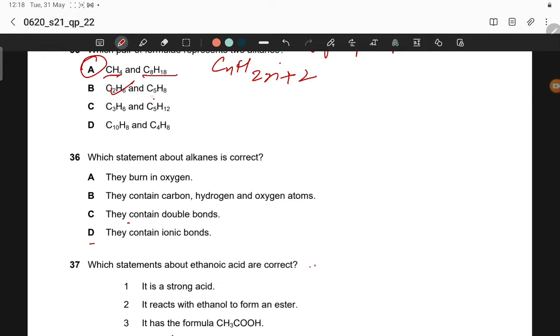C5H8, C3H6 is propene, C5H12 is pentane, C10H8 is not an alkane, C4H8 is not an alkane.